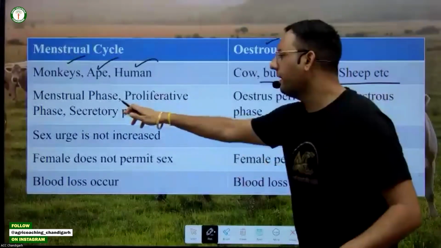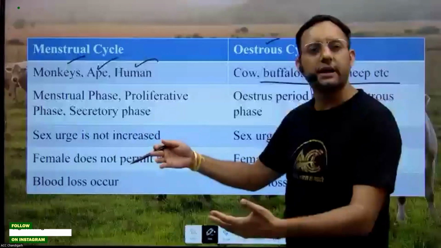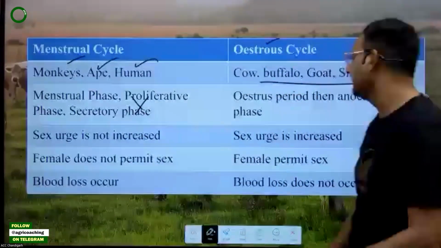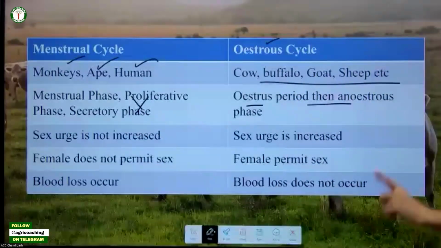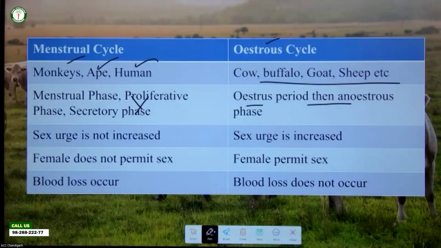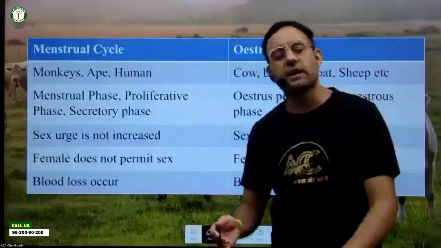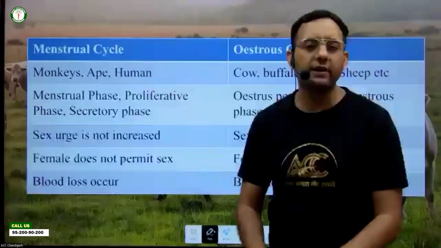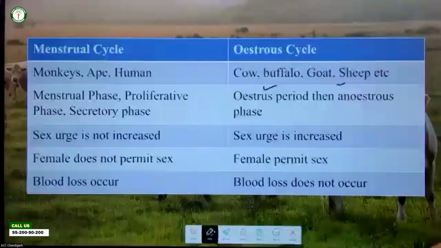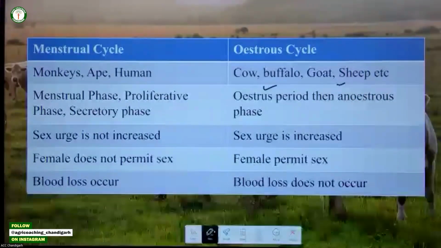Now, there are different phases in the menstrual cycle in human. We don't need to study these phases, but in case of animals, there will be two phases, estrus and anestrus. Now you will say, sir, just now you told us there are two phases, one is follicular and second one is luteal phase, and now you are saying estrus and anestrus. See, what is the meaning of this?